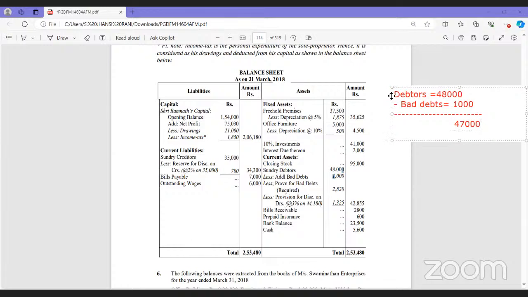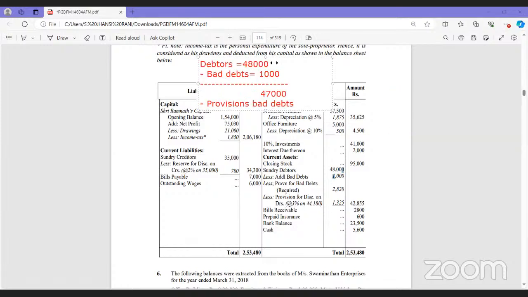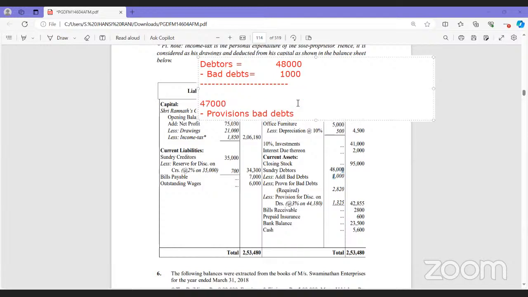And from this, then we calculate the provision for bad and doubtful debts. On this, how much did they say? They said 6%.